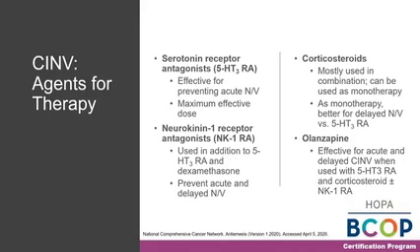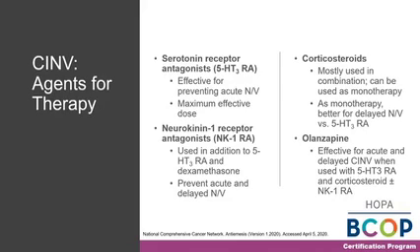Once the serotonin receptors have been saturated at higher doses of these agents, there is no increase in efficacy, so you will see dose caps for these agents. In terms of adverse events, headache, QT prolongation, constipation, and serotonin syndrome are all possible. However, serotonin syndrome is seen primarily when these agents are used in combination with other serotonergic agents.